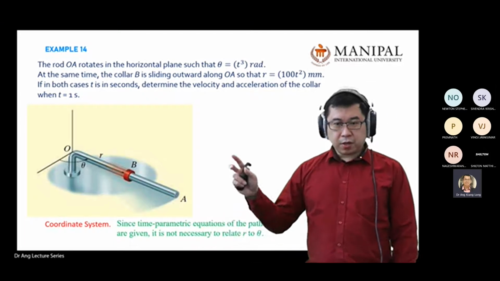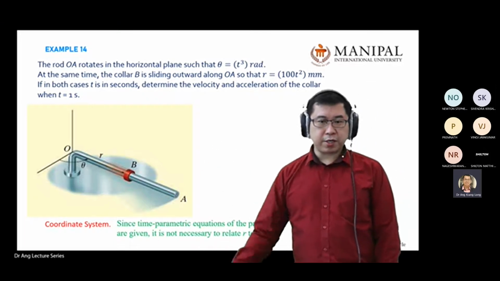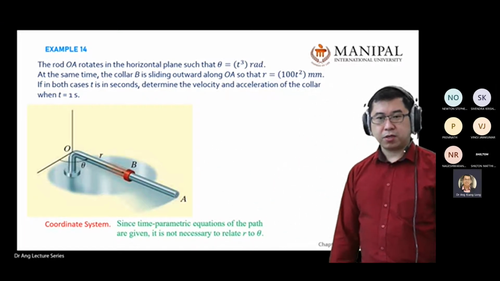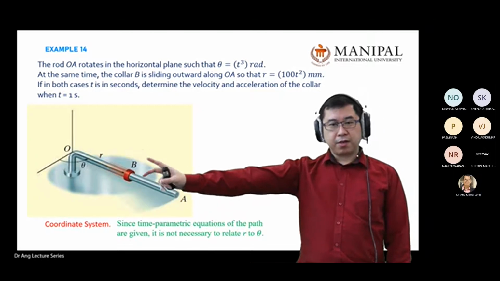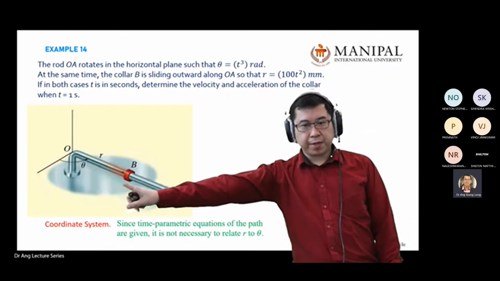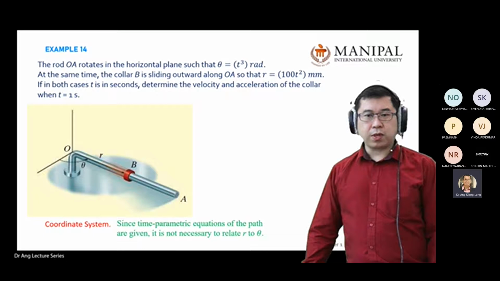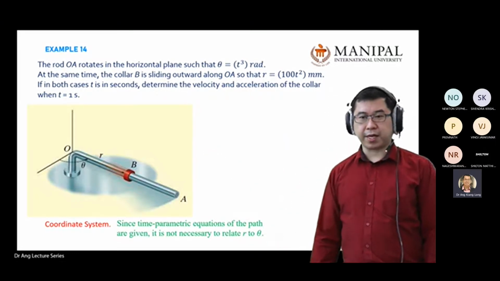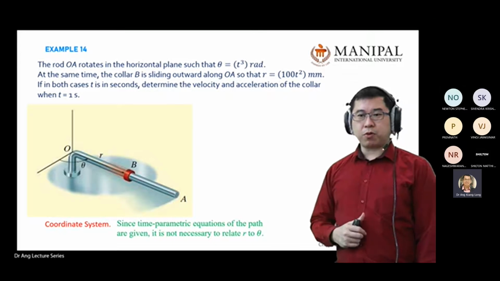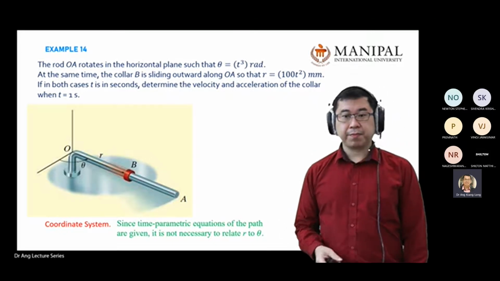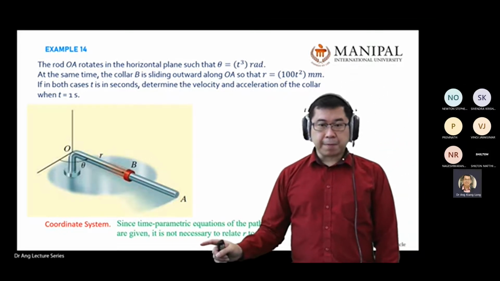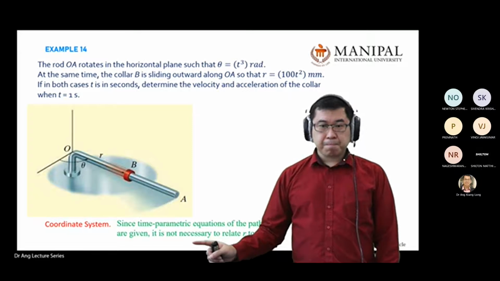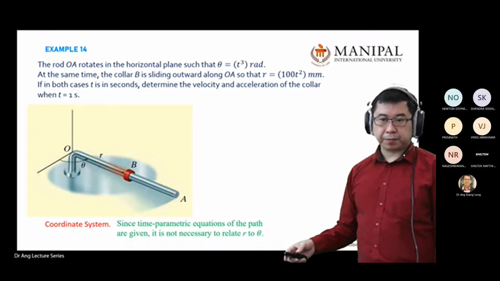So first, always look for your coordinate system or your position. On this diagram it is very empty. What we expect from you is usually a schematic diagram. A schematic diagram always comes with the axes.